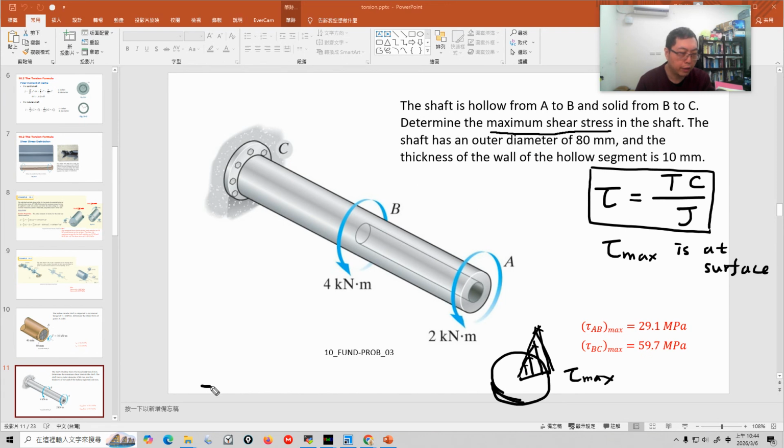So let's draw the AB part. The cross section is like this. The outer diameter is 80 millimeter, and the thickness of the wall of the hollow segment is 10 millimeter.